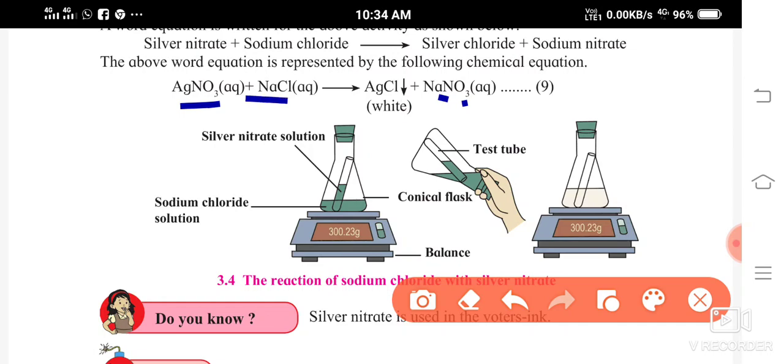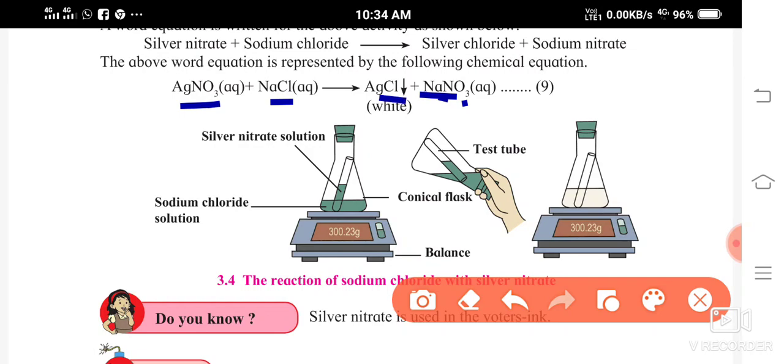Sodium, how many are there? Left hand side 1, right hand side 1, right? Chlorine, how many are there? 1 atom of chlorine on the left hand side. On the right hand side, how many chlorine atoms are there? 1.